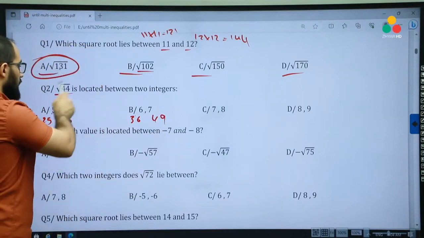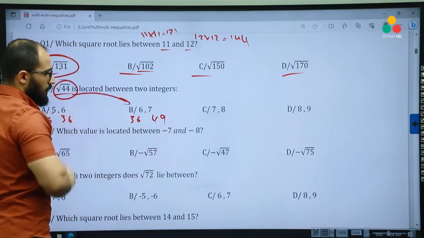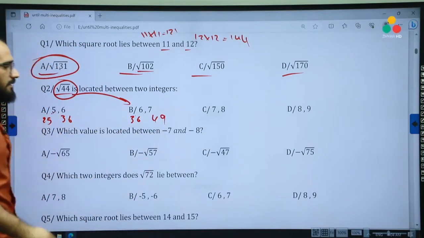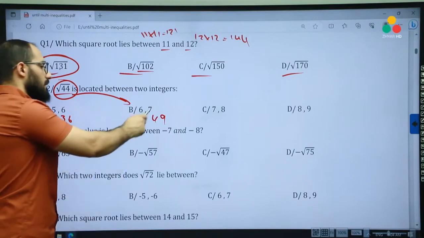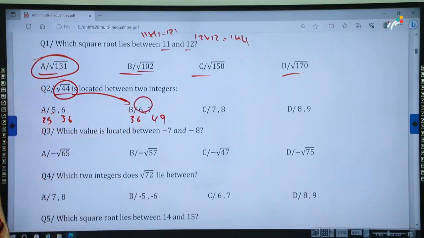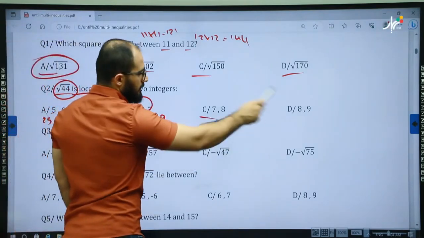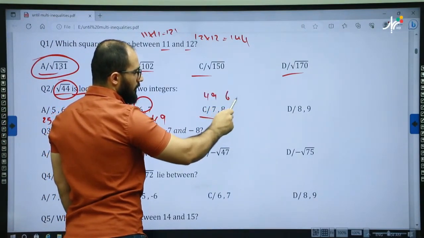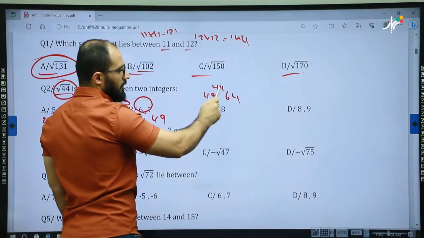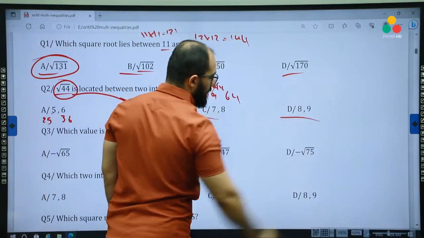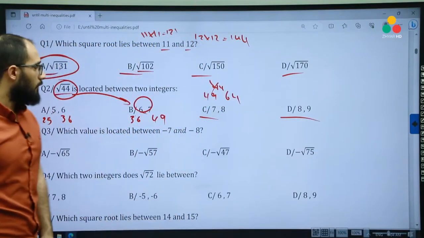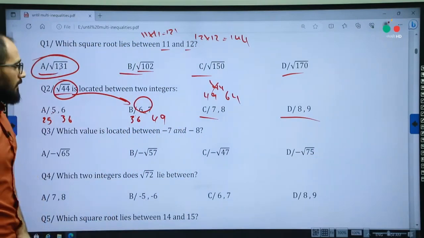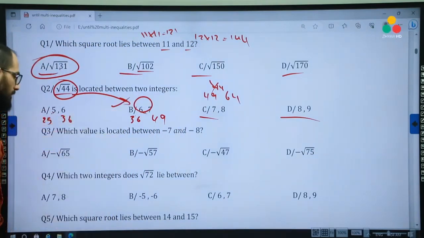So 44 is located between 36 and 49. That's why 6 and 7 is the correct answer. For C and D, 7 times 7 is 49, 8 times 8 is 64. 44 is not here. For D as well, 64 and 81, 44 is not located between them. That's why the correct answer is B.